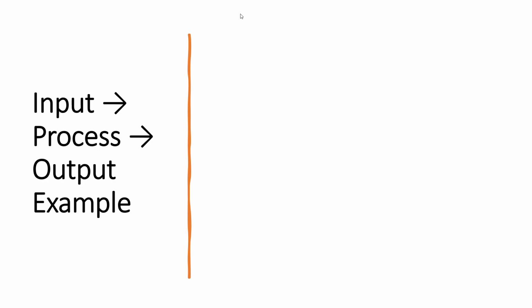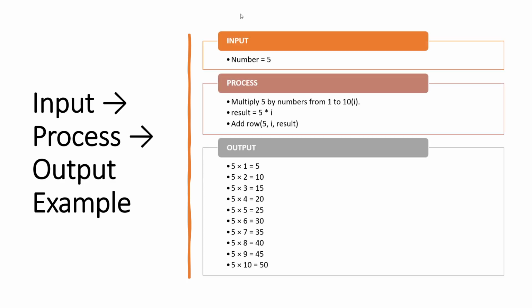Let's take another simple example for input, process, and output. Suppose the input is 5. We want to generate the multiplication table of 5. The process is to multiply 5 by numbers from 1 to 10.